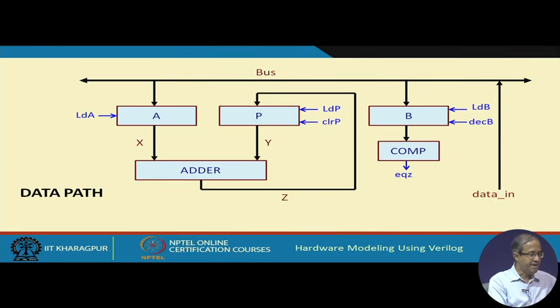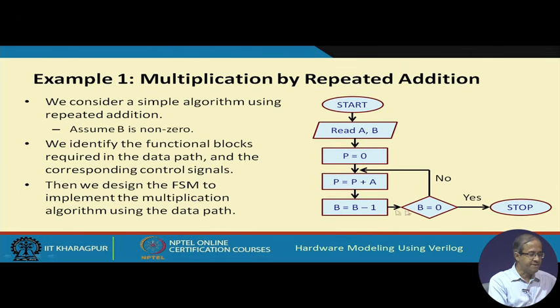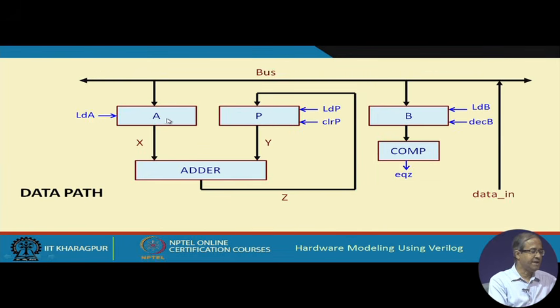And another thing, in every step of the iteration we are doing P equal to P plus A. P and A are added, and the output of the adder is going back to P. Going back to P means the value will be loaded only when the load P signal is activated. So, there will be another control signal for loading P.